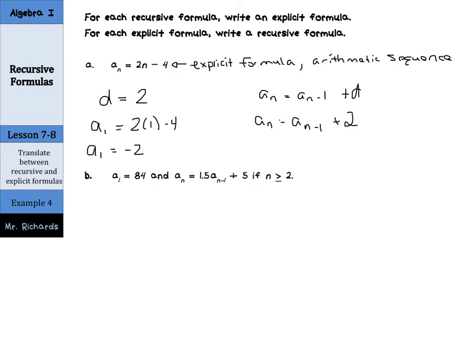And now to finish this up, we need to write this with our first term. So a1 equals negative 2, comma, our formula, a(n) equals a(n minus 1) plus 2, as long as n is greater than or equal to 2.